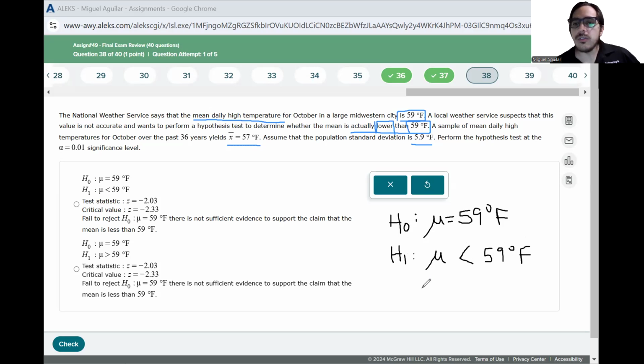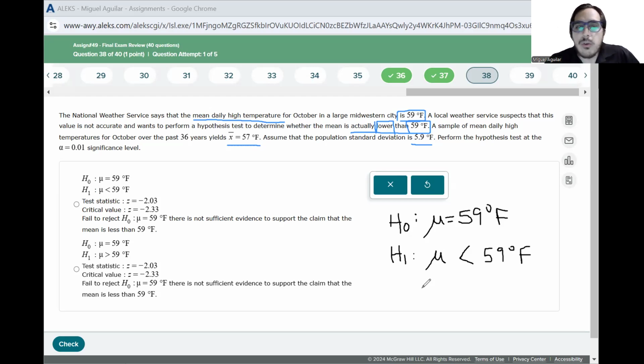So what we need to do is think about what they gave us here. I'm going to write down some of this information and we'll switch over to the document camera so we can sort of think through this problem. I have kind of a normal distribution, and we're thinking that the mean here, mu, is equal to 59 degrees Fahrenheit. The population standard deviation, sigma, is given as 5.9 degrees Fahrenheit.